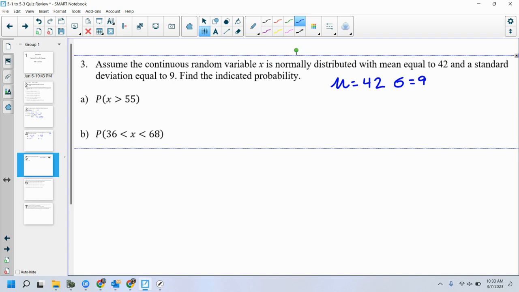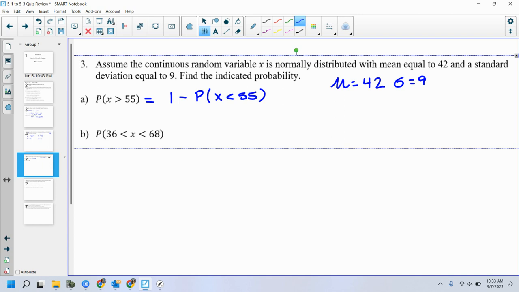Find the probability that the x value is greater than 55. Greater than 55, isn't that to the right of 55? So that's really equivalent to 1 minus the probability of x less than 55, because the less than is always going to be calculated by the area in the table.